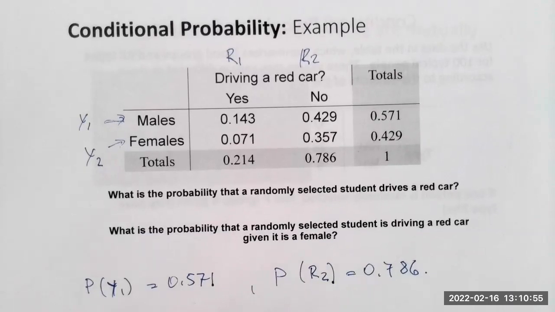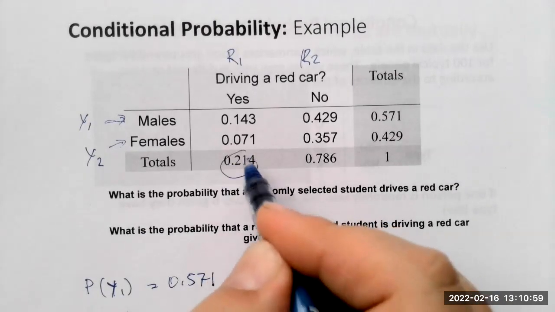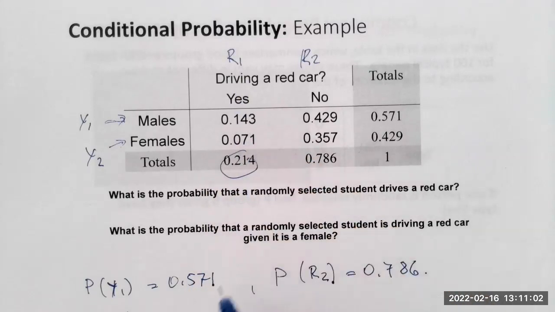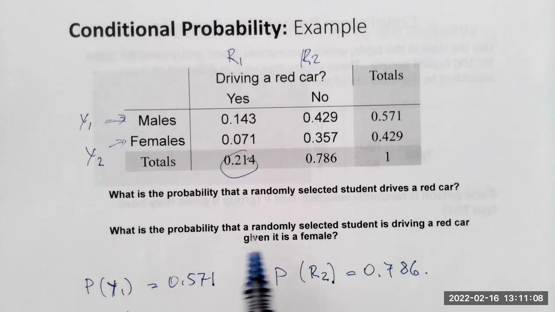The probability for event R1 is the marginal total for the column, which is 0.214. And the next question is, what is the probability that a randomly selected student is driving a red car given it is a female?